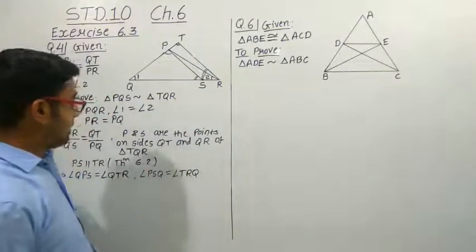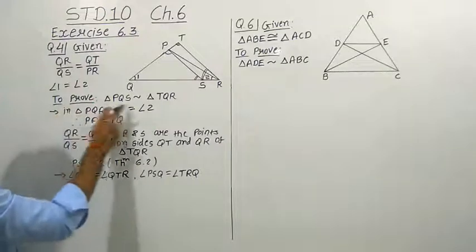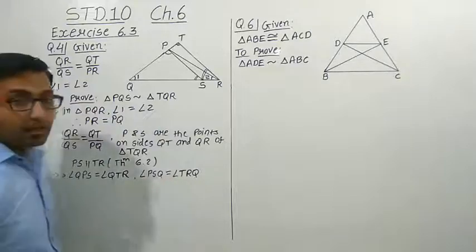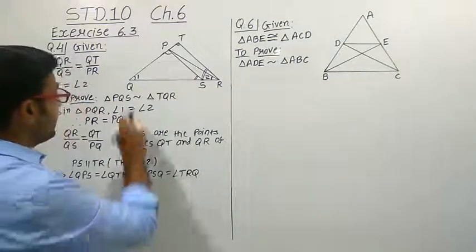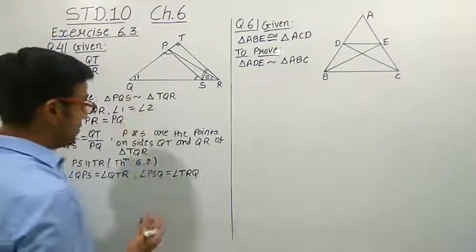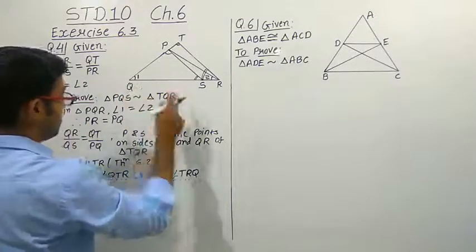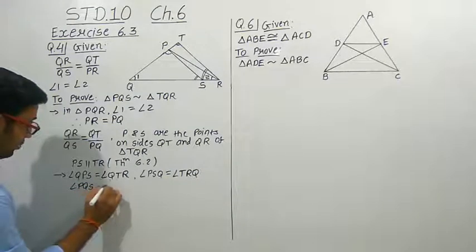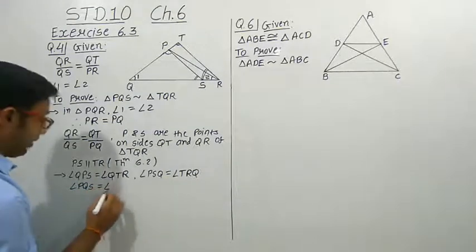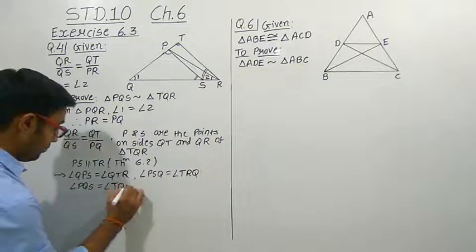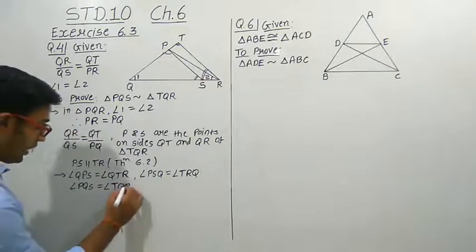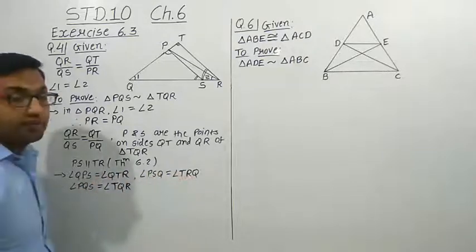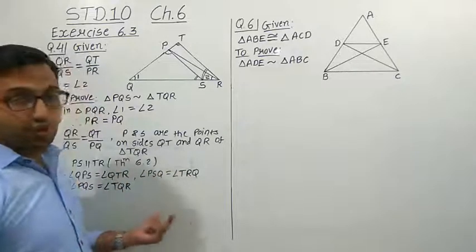So in these two triangles that we have to prove similar, PQS and TQR, two angles are equal to one another. Angle Q is common in both triangles: angle PQS is equal to angle TQR. The other two angles we proved using corresponding angles.